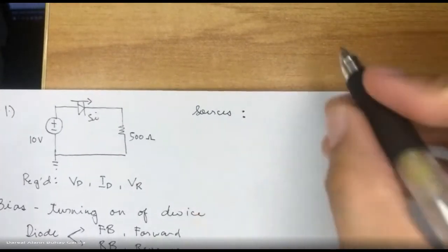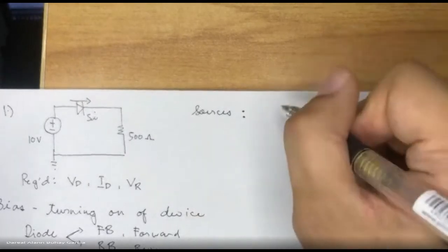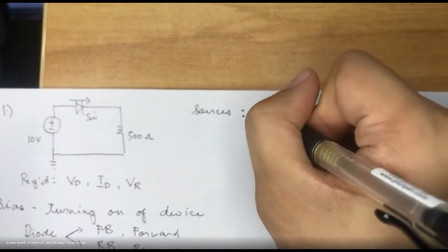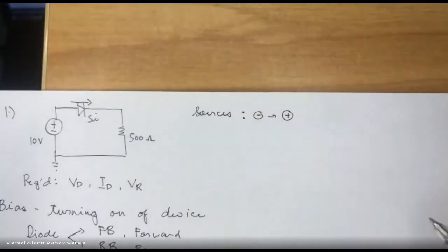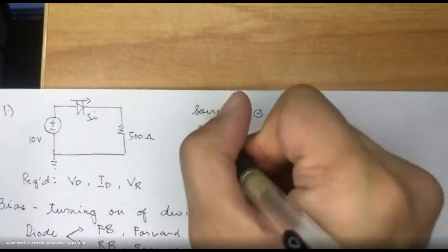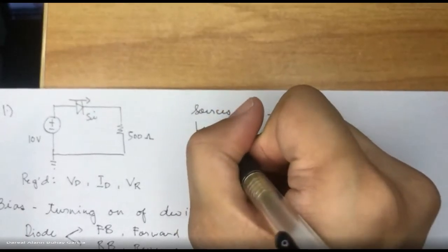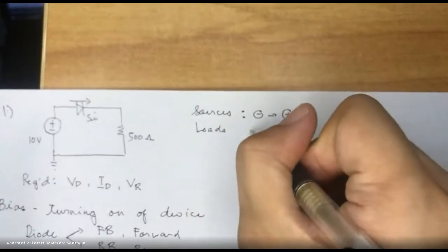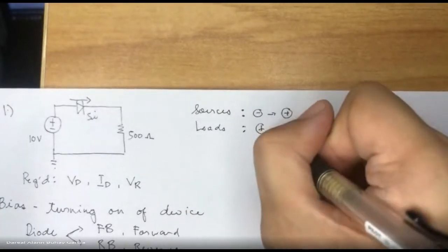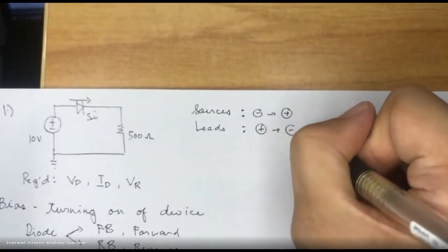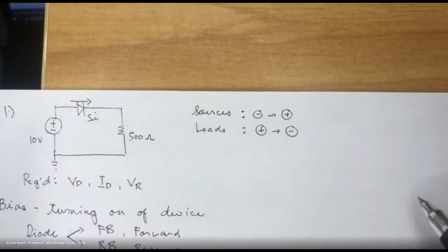Basta sources, current always flows from negative to positive. Whereas for devices or loads, current always flows from positive to negative.